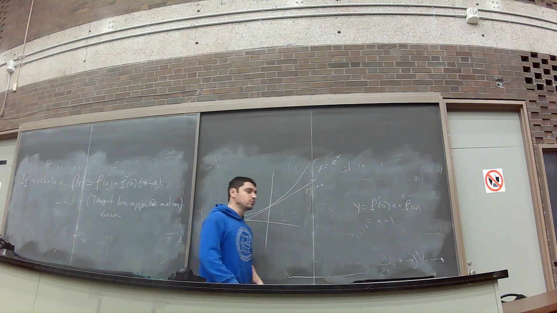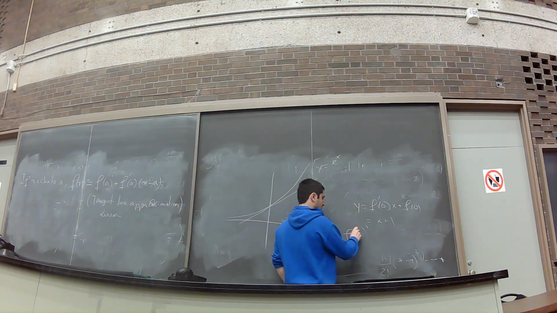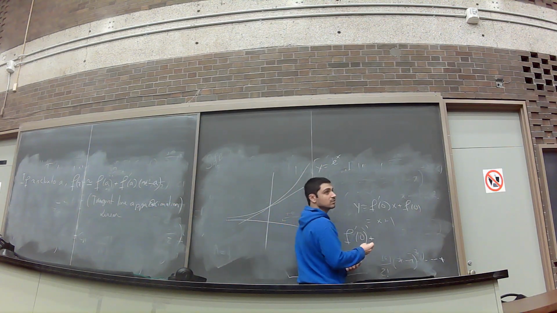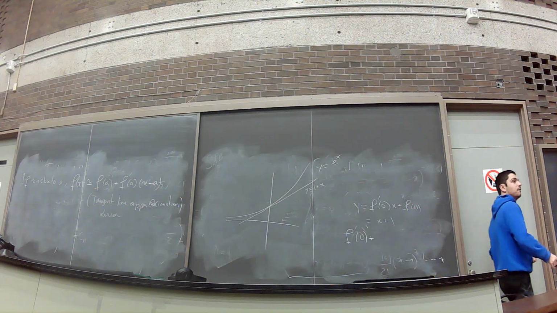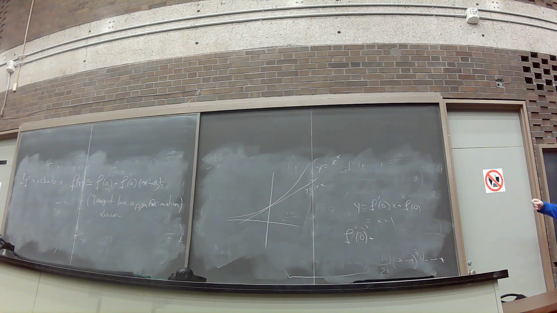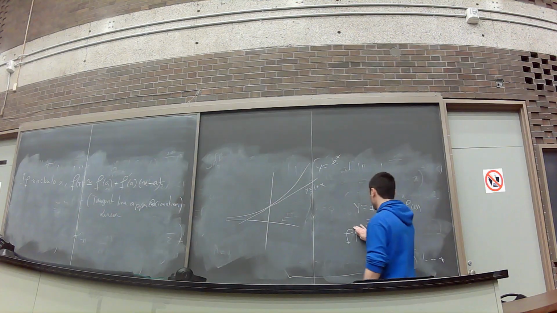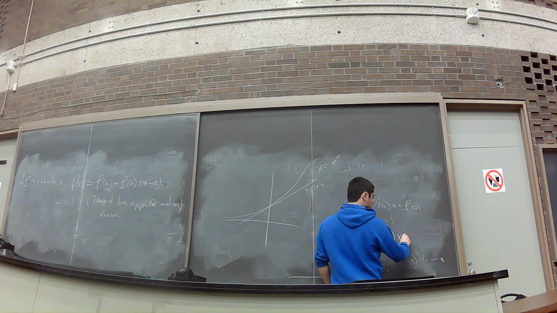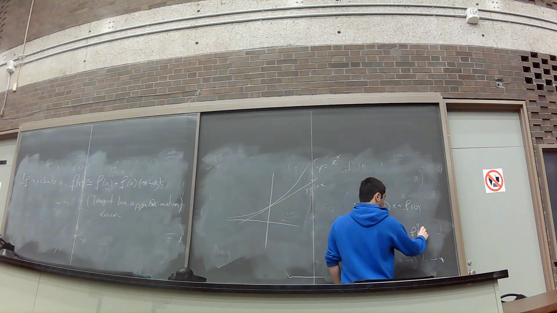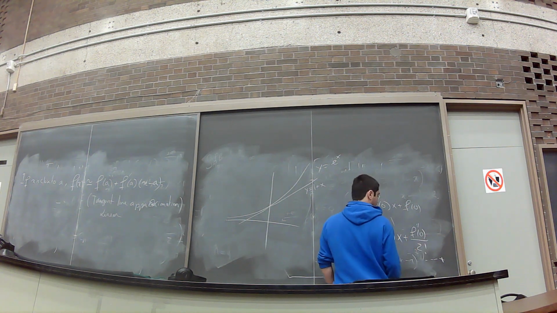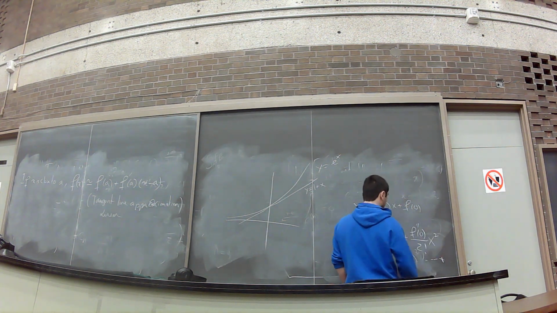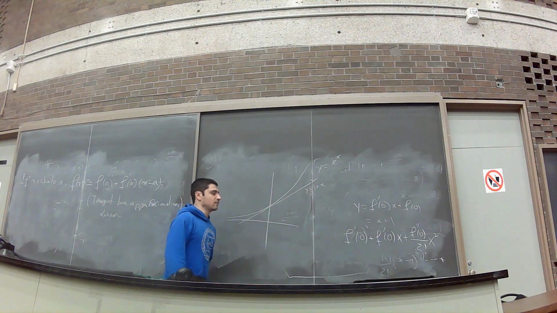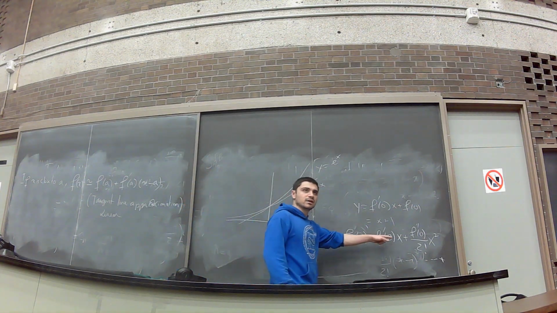Now let's look at a degree 2 approximation using some sort of power series. I have f of 0 plus f prime of 0 times x plus f double prime of 0 over 2 factorial times x squared. f double prime of 0 is also 1, right?